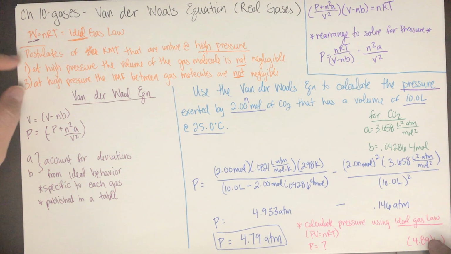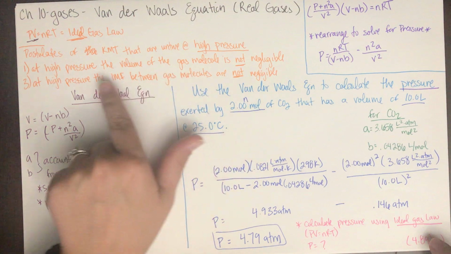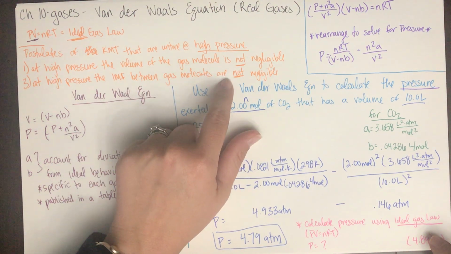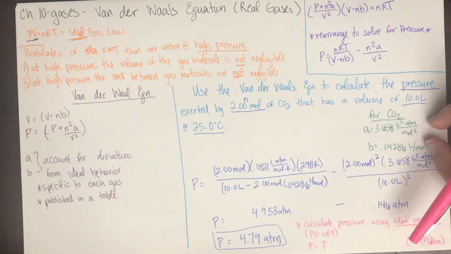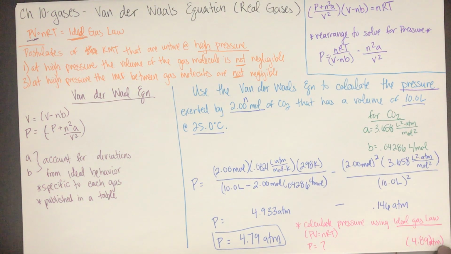At high pressure, the volume of these gas molecules are not negligible. The intermolecular forces between the gas molecules are not negligible, and that's what A and B are accounting for. So the ideal gas law is less accurate, especially at high pressure. So you might see something on the exam that asks you to calculate the pressure both ways.